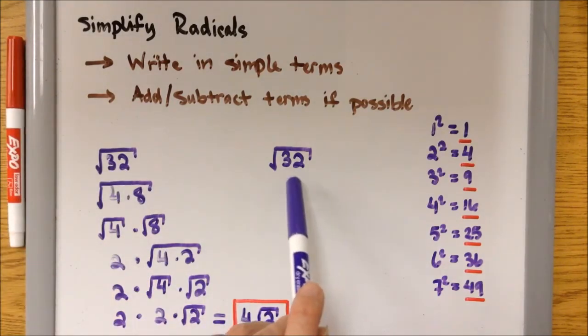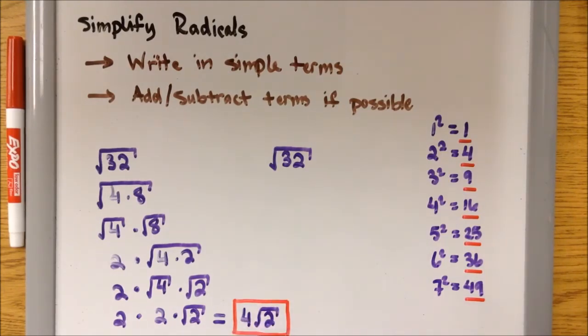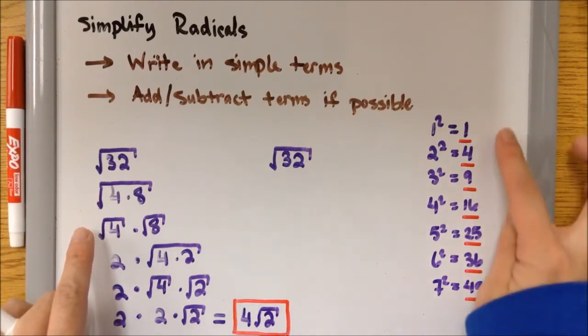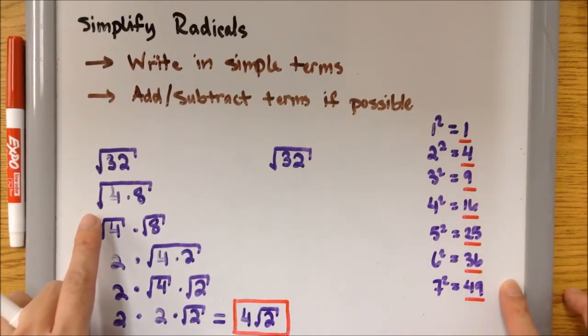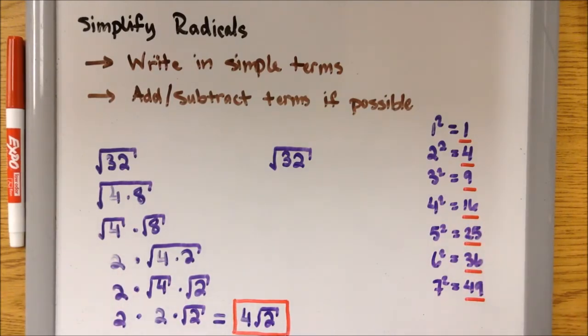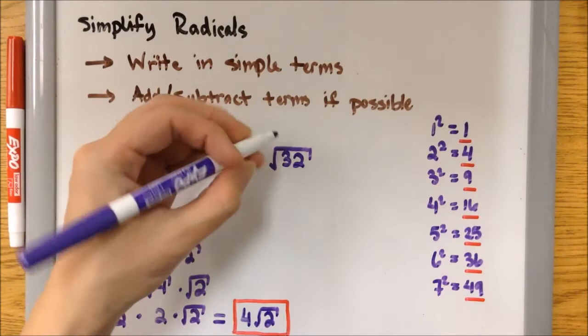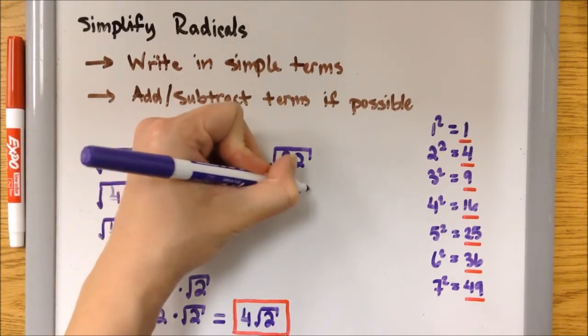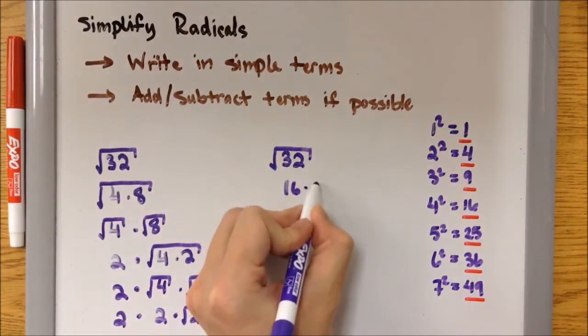Now, to go to this part, the reason I decided to write it is because besides 4, there's another perfect square number we can use. In this case, we can use 16. So if I decide to use 16, I can break it into two factors of 16 times 2.